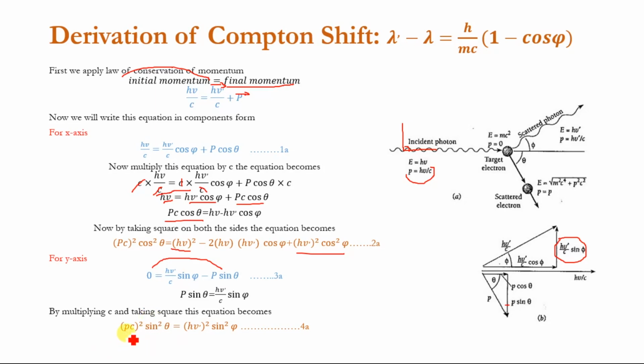So we have (pc)² sin²θ is equal to (hν')² sin²φ, where the c cancels with c. Now we have two equations, one for the x-axis, 2a, and the other for the y-axis, 4a.